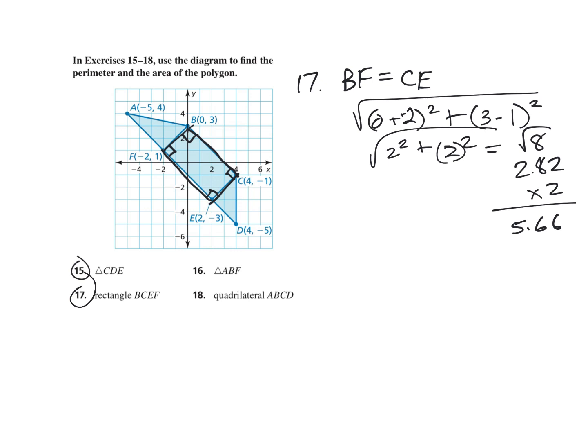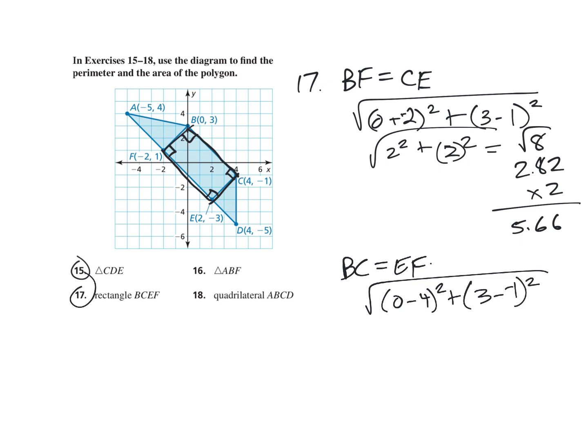All right, now let's do BC, and BC is the same as EF. So let's figure this out. I'll use B and C. So 0 and a 4, and you have a 3 and a -1. Don't forget your negative is not the same thing as a subtraction sign, okay?